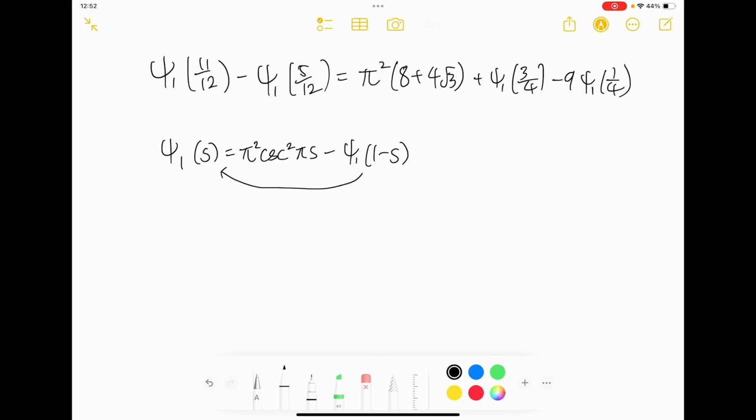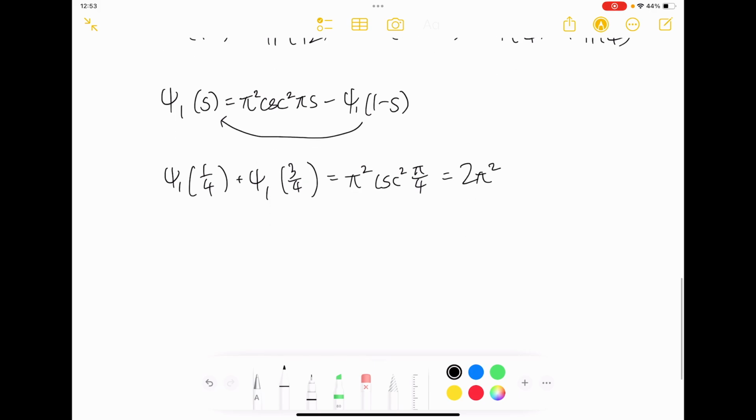If we just rearrange that to the other side, and I'll just sub the values in at this point, we're going to get psi 1 of a quarter plus psi 1 of 3/4. That will be pi squared cosecant squared pi over 4. Right? And sine of pi over 4 is root 2 on 2. Reciprocate that. It's root 2. Yeah, so just root 2 squared is 2 pi squared.